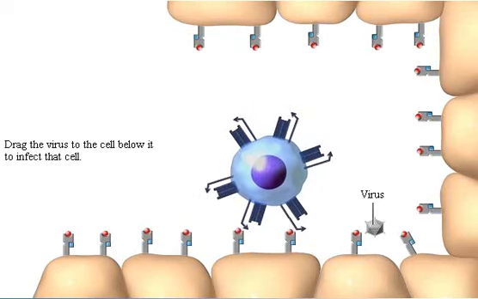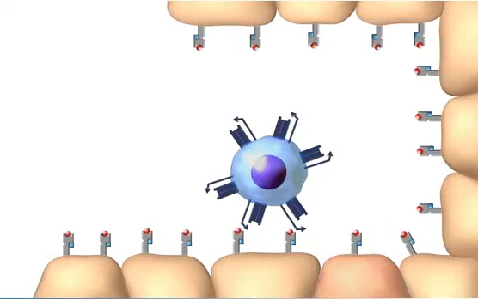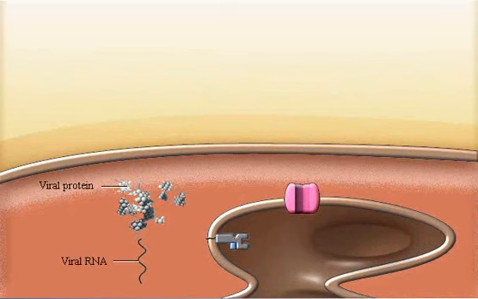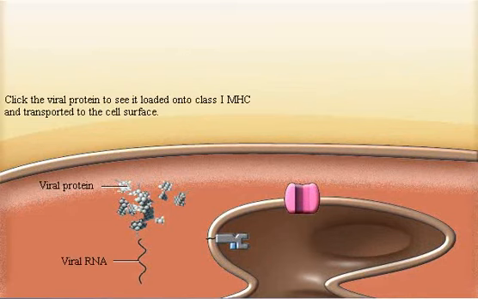Drag the virus to the cell below it to infect that cell. Click the viral protein to see it loaded onto Class I MHC and transported to the cell surface.